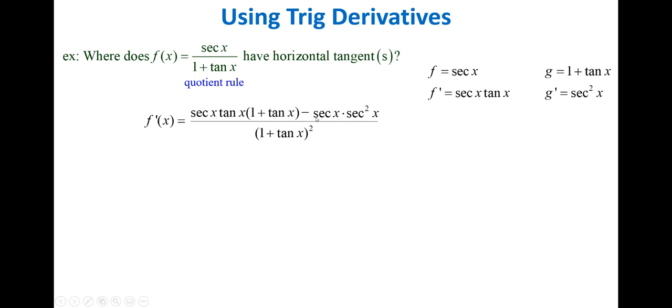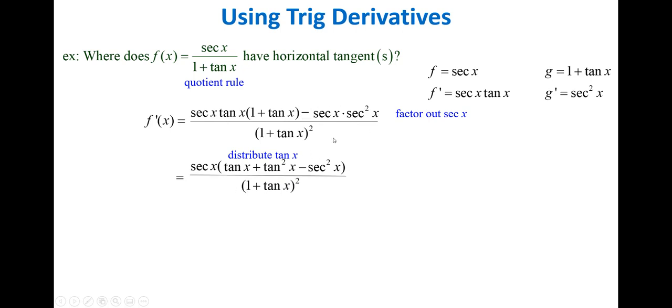Now, in order to simplify this, I'm going to factor out the common factor of secant of x. It'll look like this, secant of x, and then what's left here, as I'm rewriting this, I'm going to distribute the tangent of x into the binomial. That'll make this tangent of x plus tangent squared of x. And then when I factor out this secant of x, I'm left here with minus secant squared of x.